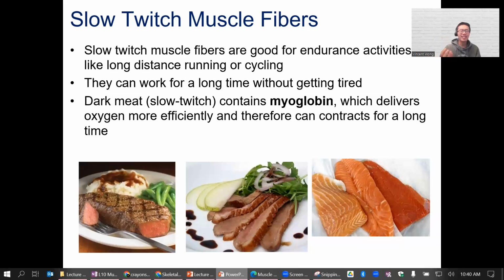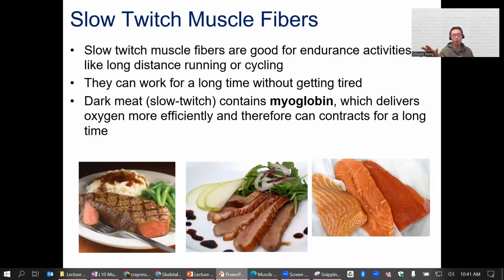Part of the reason they don't get tired is because they have what's called myoglobin, which is better than hemoglobin in terms of delivering oxygen. This myoglobin usually gives the muscle a darker color, and the darker color is what makes up the so-called dark meat. So these are good for endurance.